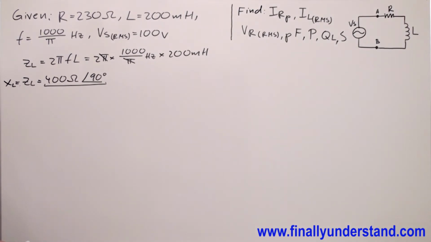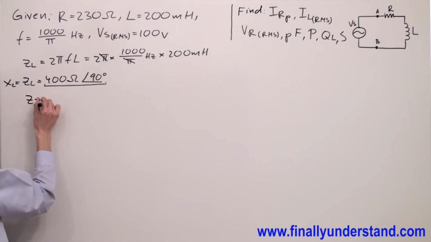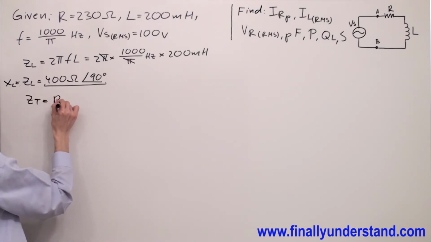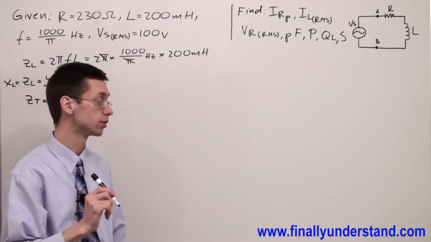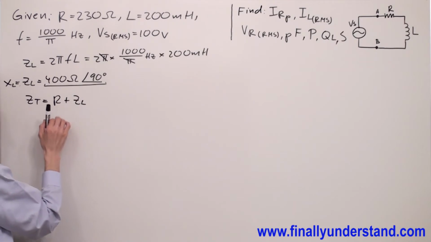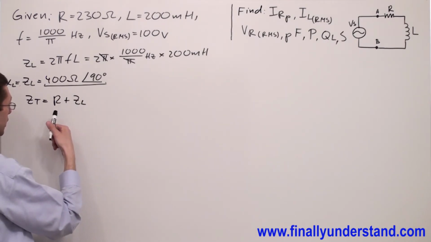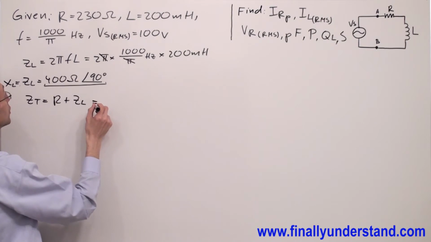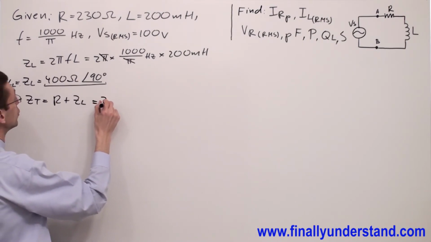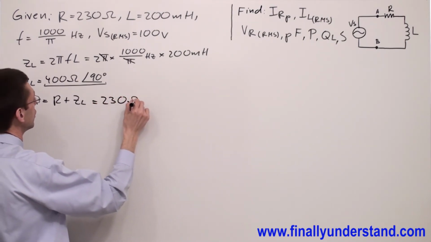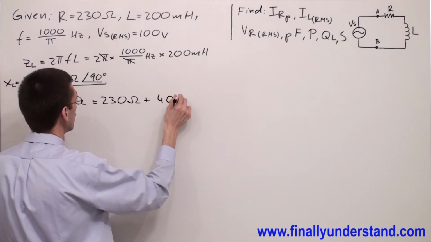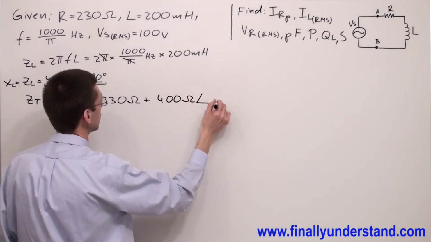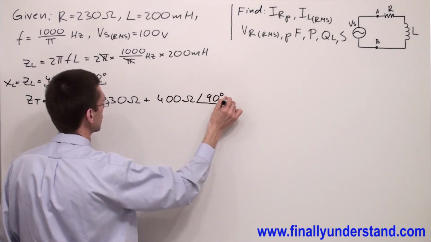Next, I can find Z total. Z total is equal resistance plus ZL. Why? Because this is series circuit. Okay, and this is the formula for total impedance of the series circuit, RL series circuit. So if resistance is equal 230 ohms plus ZL 400 ohms and angle of 90 degrees.